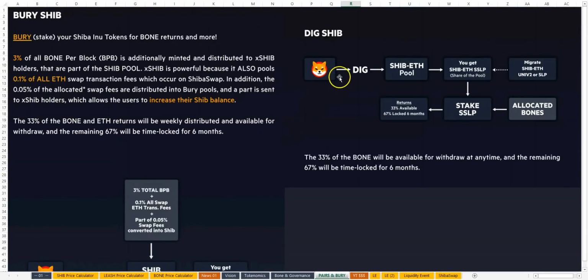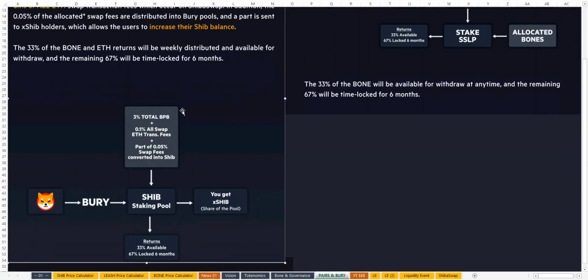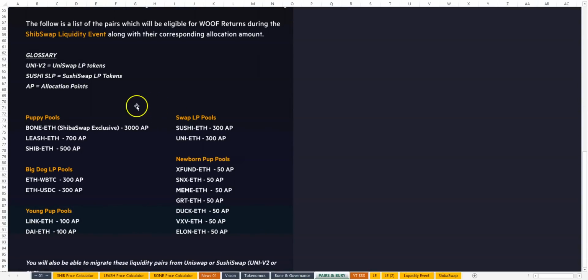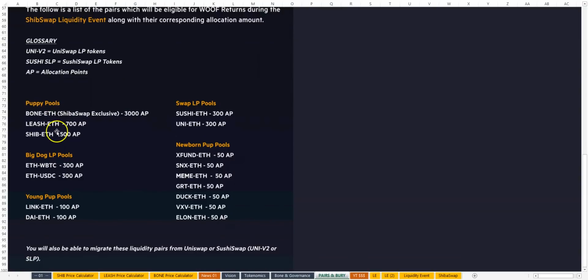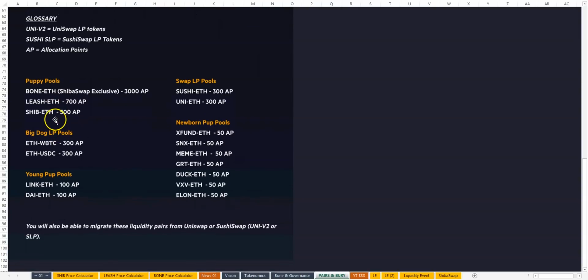Basically digging or farming. What will happen is you take your SHIB, and then you can create a pair. You can pair it with any of the pairs which have already been allocated. There are special pairs which you create with various tokens, and those tokens have been given a weighting based on how much BONE you're going to get.